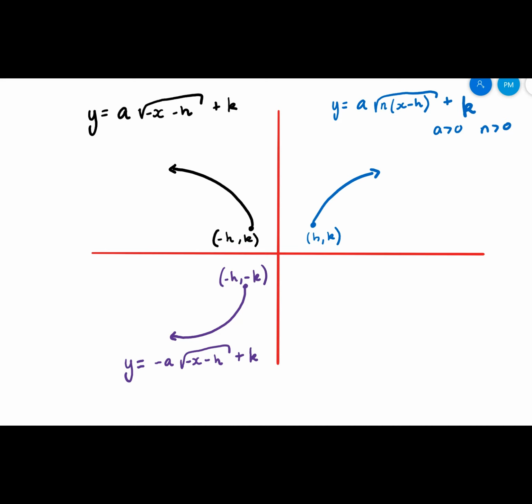And if we just had the case where it was a negative a, but no negative inside here, then we would have rotated, or reflected rather, about the x-axis. So we'd go down there. So this is our general types of shapes that our square root function might take. It's important to be able to look at it and infer which direction it will behave in.